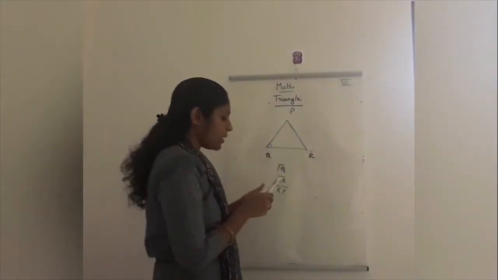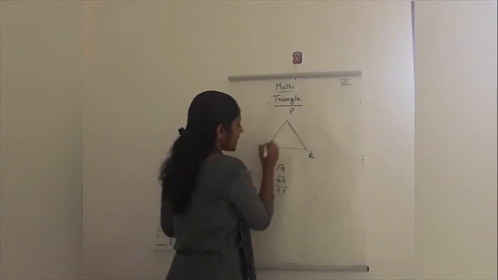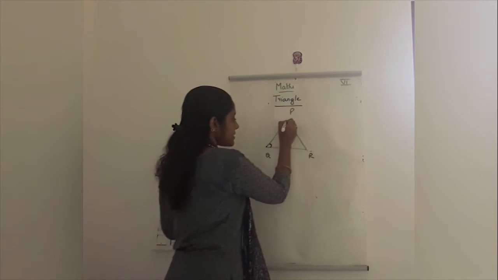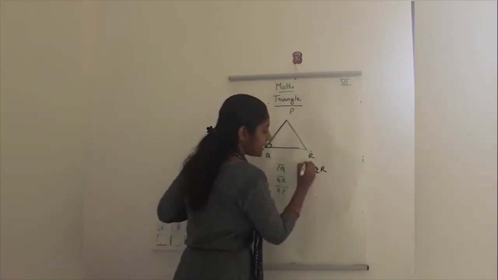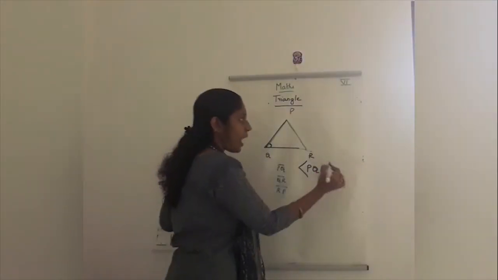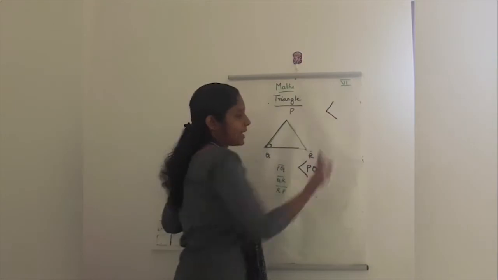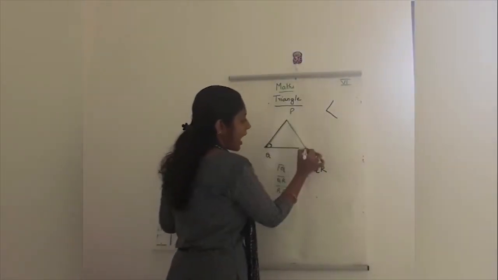So how to label or how to name the angles is here the angle. When you take Q vertex ആയിട്ട് വരുന്ന രീതിയിൽ, this is an angle. So angle PQR. You have to put the symbol like this. Angle PQR. This is the symbol for angle. Next thing is I am going to R angle.